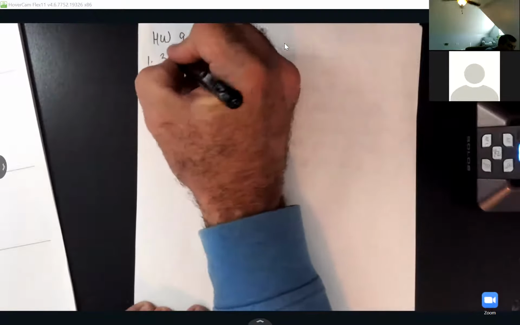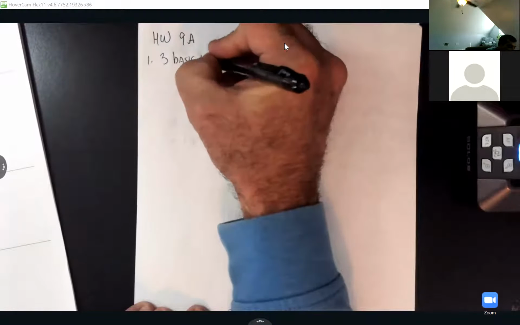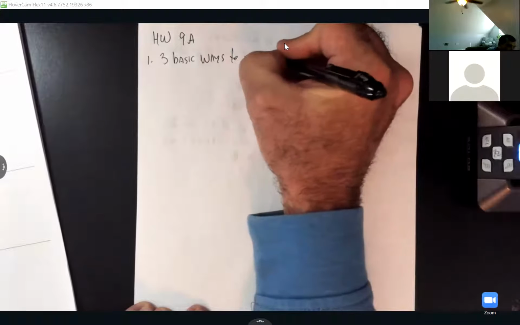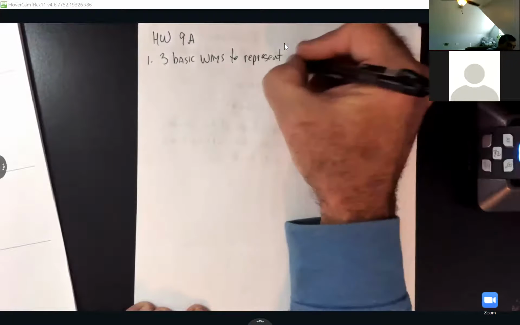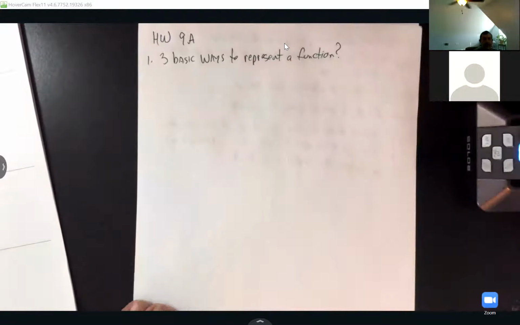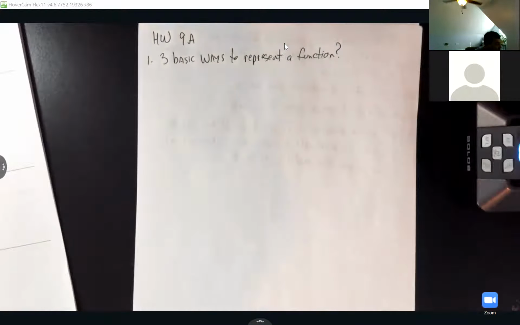So, question 1. What are the 3 basic ways to represent a function? So remember, we did an example and we used all 3 of these, remember?